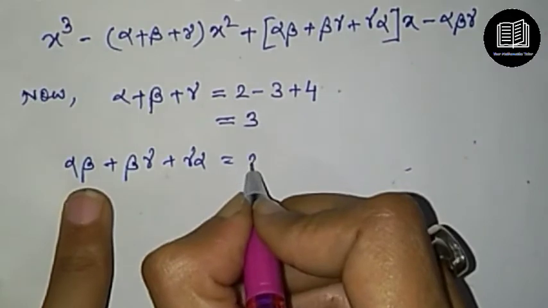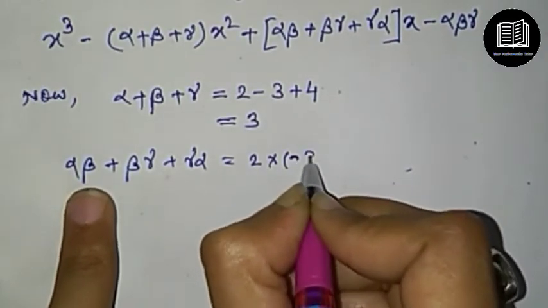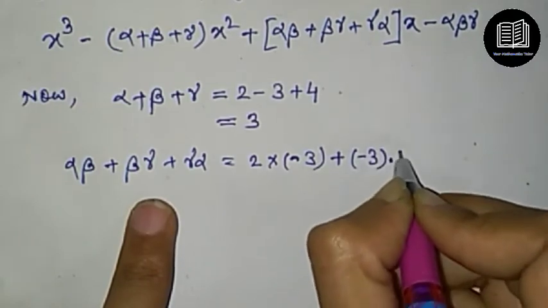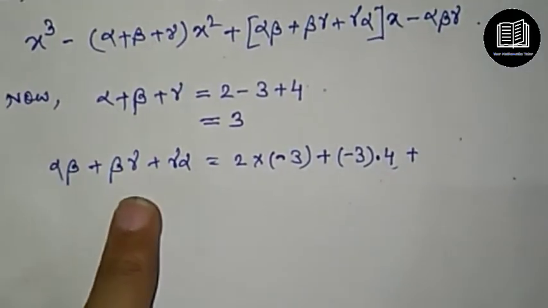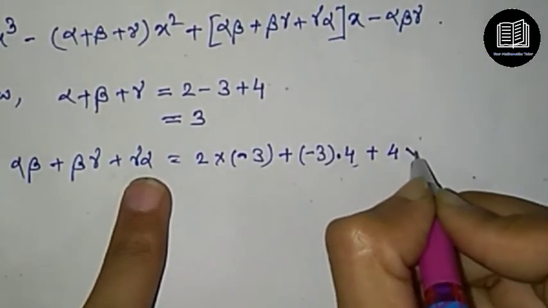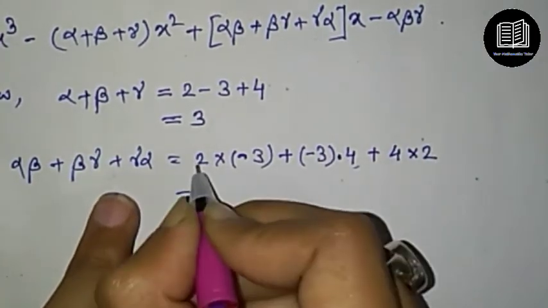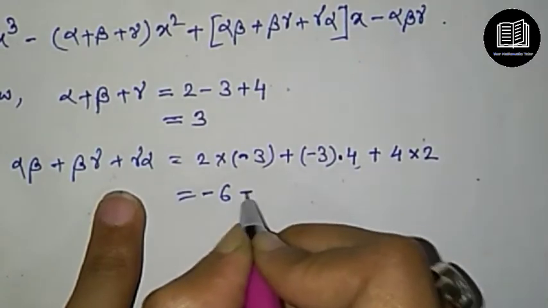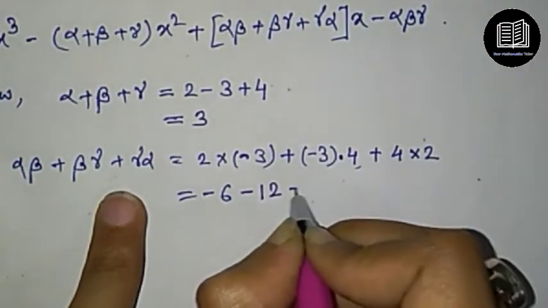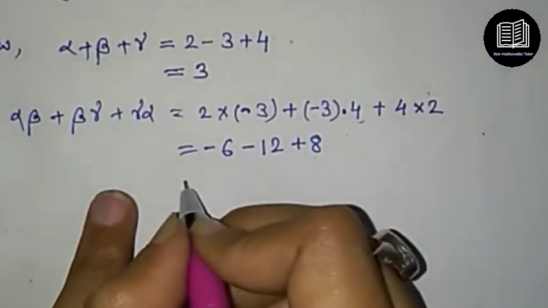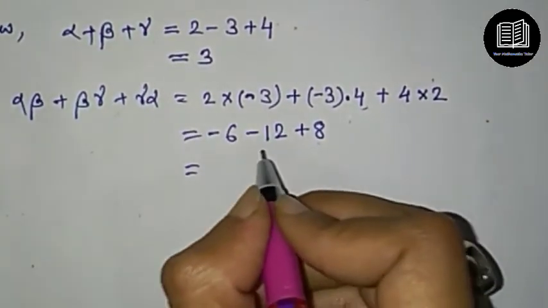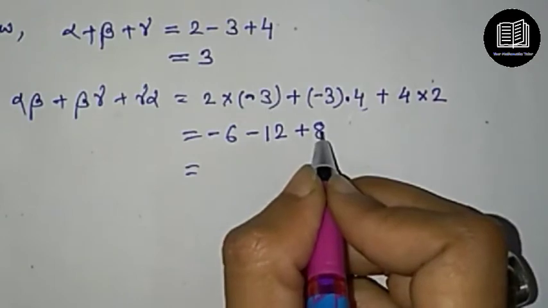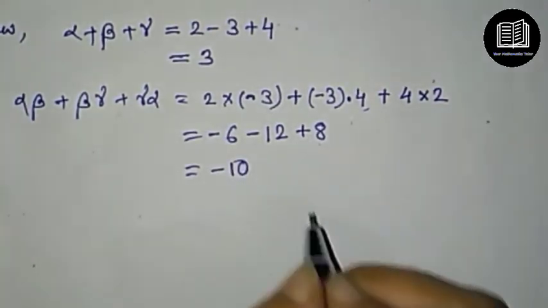Alpha beta means 2 into -3. Beta gamma means -3 into 4. And gamma alpha means 4 into 2. 2 into -3, that is -6. -3 into 4, that is -12. And 4 into 2, that is 8. Now add and subtract. -6 minus 12, that is -18, plus 8, that is -10.